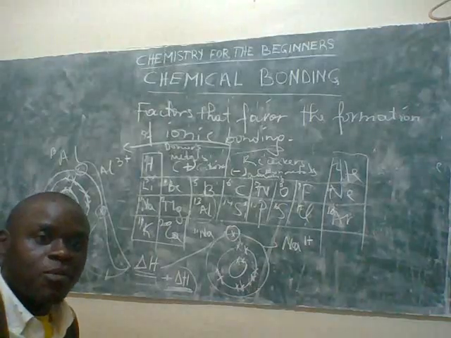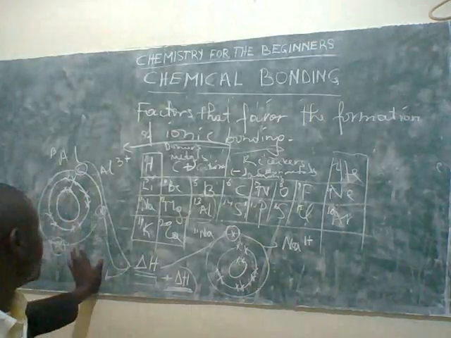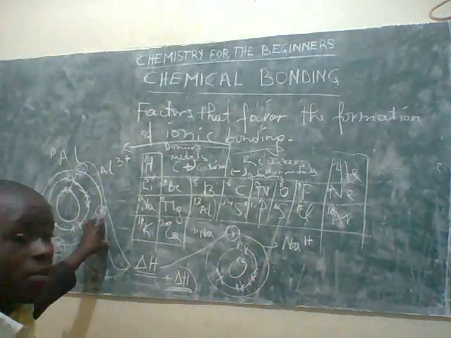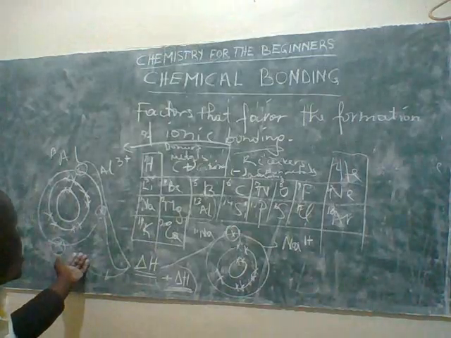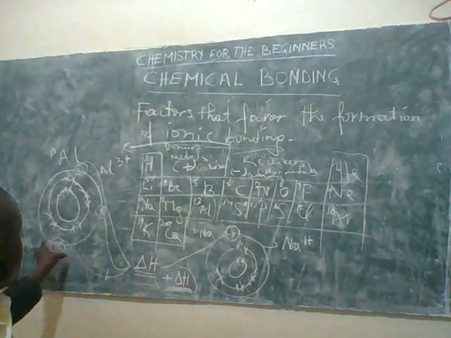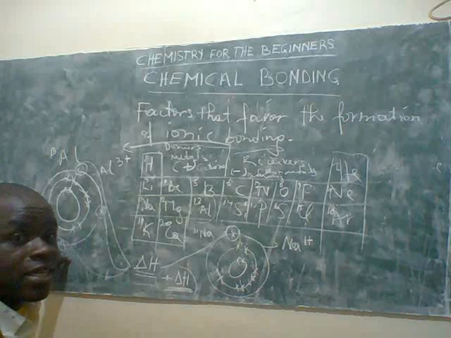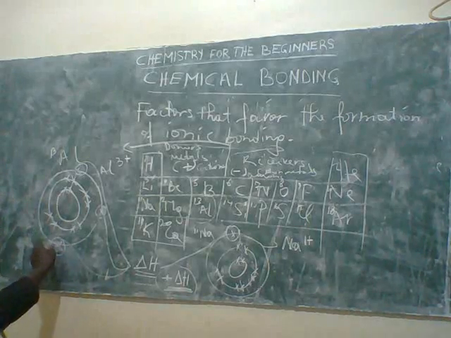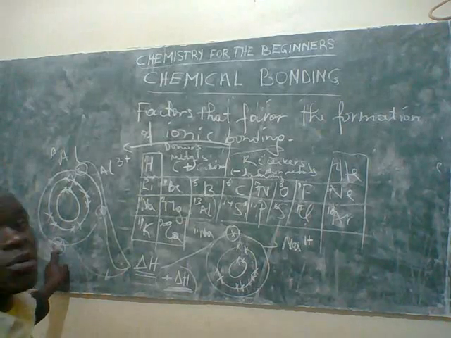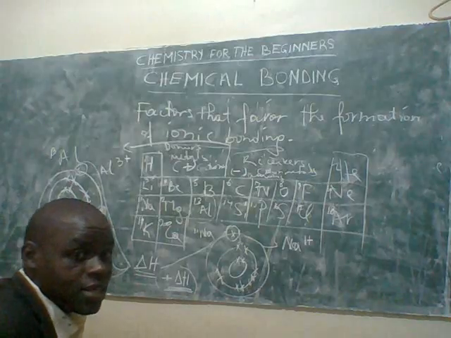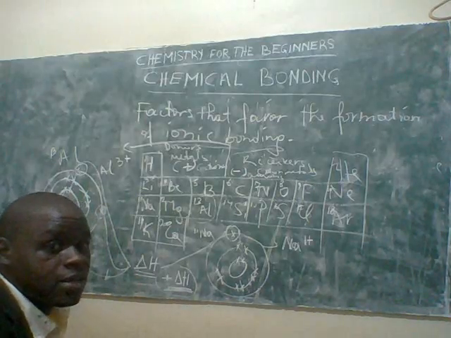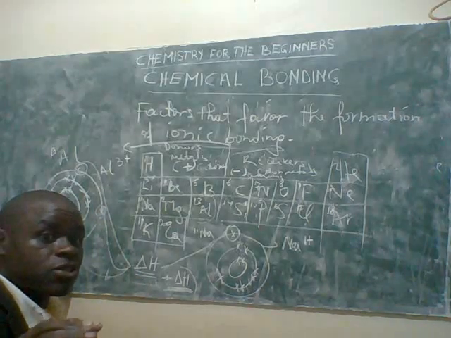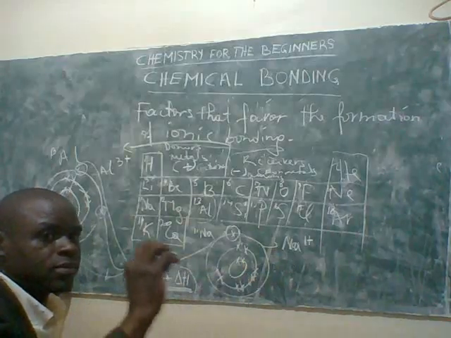And then during the formation, they will form. But because they use too much energy, the electron affinity will be lower than the ionization energy, and it will make that reaction move slow.